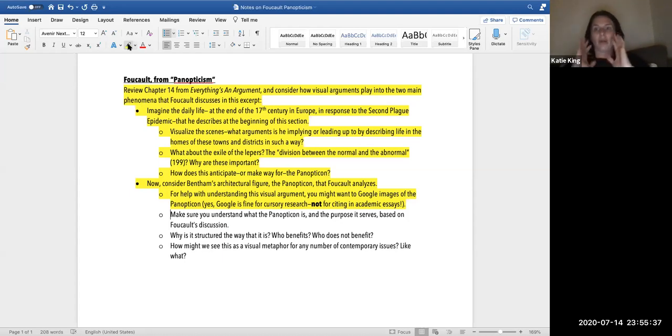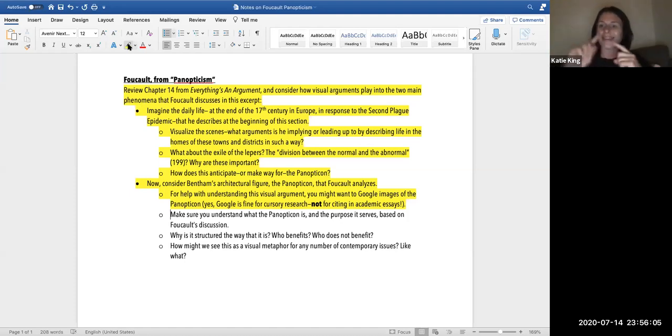Think about where the guard is situated, because one thing I will say is it's a prison, right? Think of where the guards are situated. Think of where the prisoners are situated. Think of the visual nature of the panopticon, not just stepping back and seeing the whole thing, how it operates, but that is incredibly important. But also, who in the panopticon can see whom?